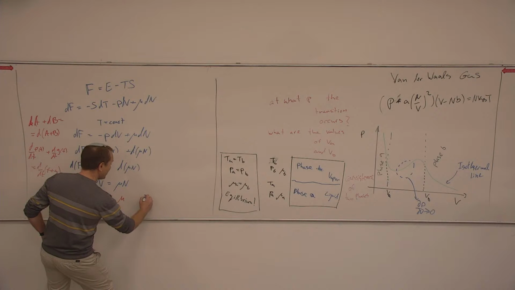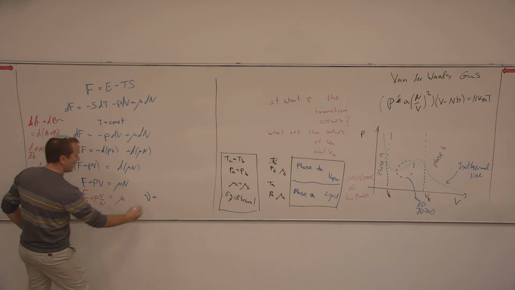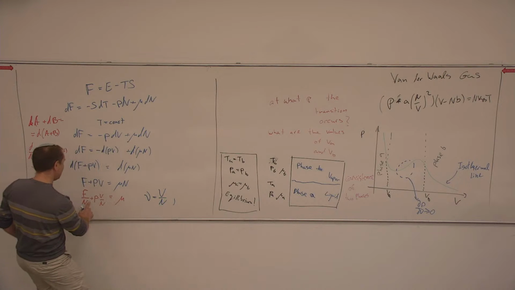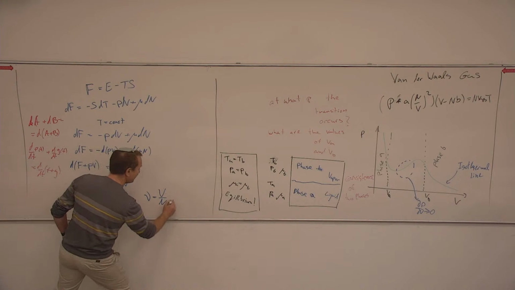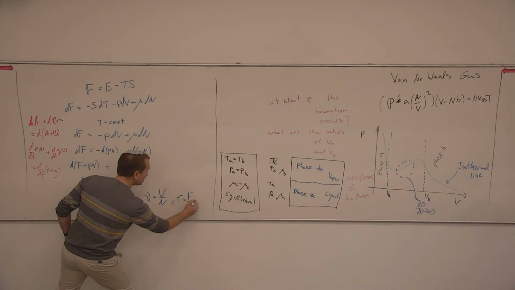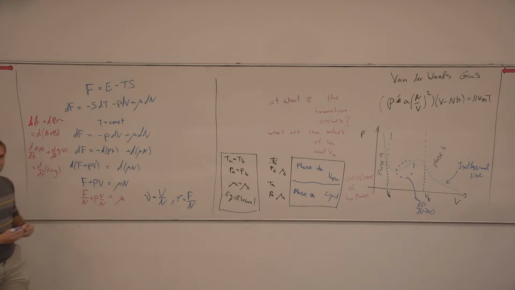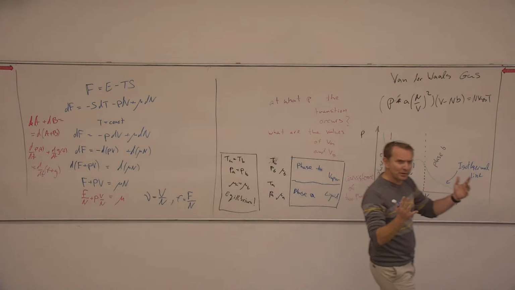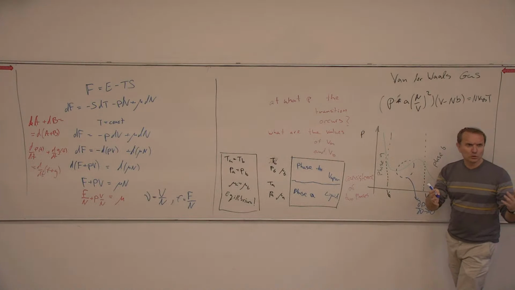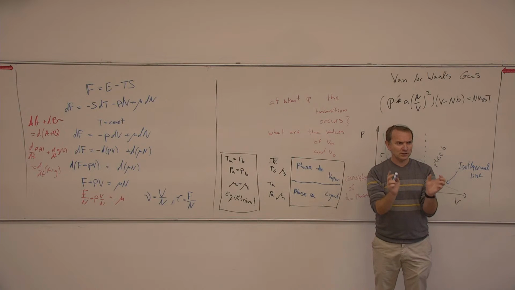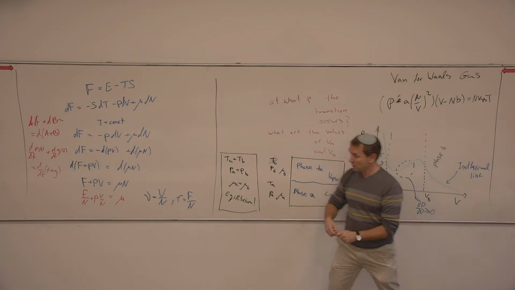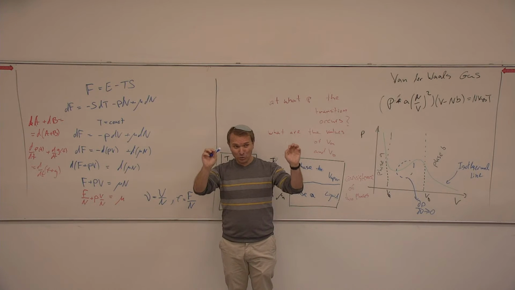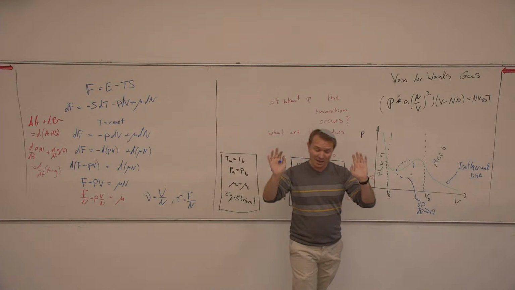So we'll write the small v as V divided by N, and we will write small f as the large free energy F divided by N. So the equation becomes not just an equation for the whole system, but in some sense we are looking at the behavior of a single particle in this system, right? This is the connection. Again, just around this point of transition from phase A to phase B.